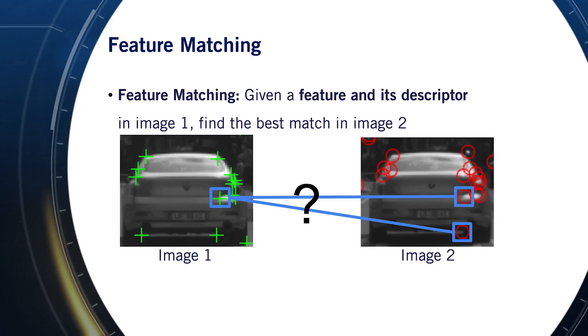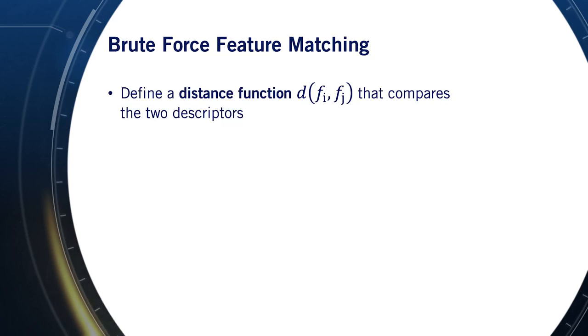Here's an example of a feature matching problem. Given a feature and its descriptor in image 1, we want to try to find the best match for the feature in image 2. So how can we solve this problem? The simplest solution to the matching problem is referred to as brute force feature matching and is described as the following. First, define a distance function d that compares the descriptors of two features fi and fj and defines a distance between them.